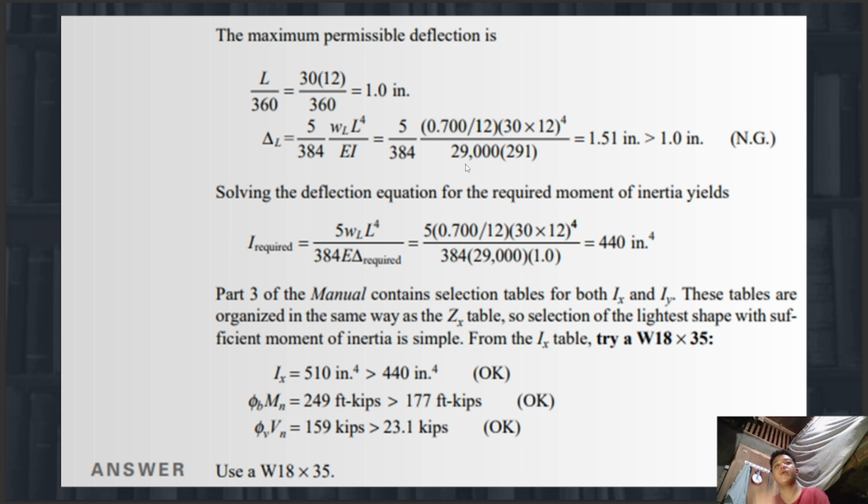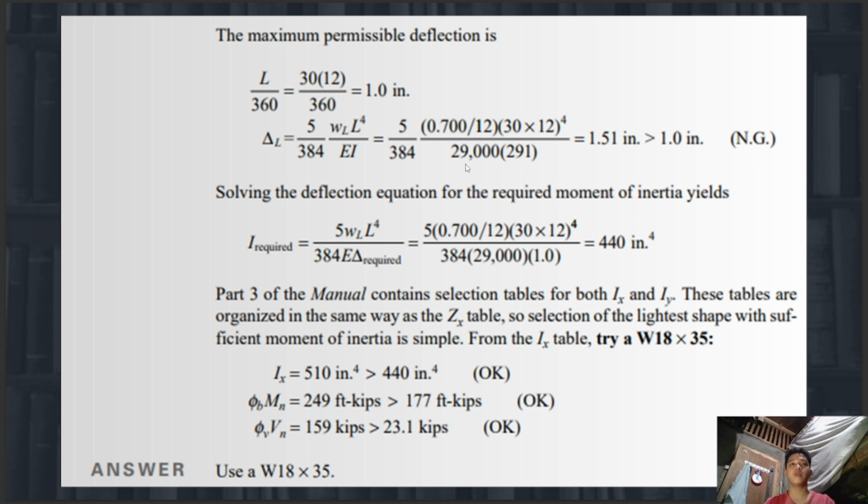Therefore, we have 1.51 inch. So kaning 1.51 is mas dako pa siya sa L over 360. Kabantay mo sa atong tension members nga ang delta dapat mas gamay sa L over 360, in which ang delta kay nara sa table.